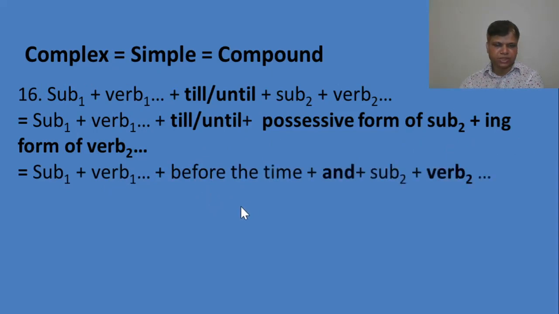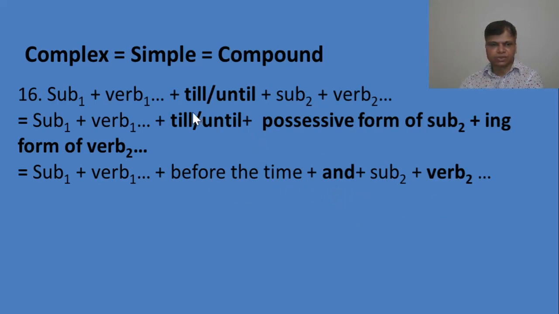If you want to make it a compound sentence, look, we have to use first the independent clause and the rest of the sentence, and at the end of the independent clause we have to add before the time. Then two clauses will be joined by and, a coordinating conjunction.